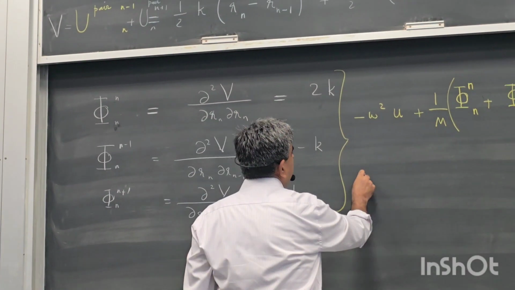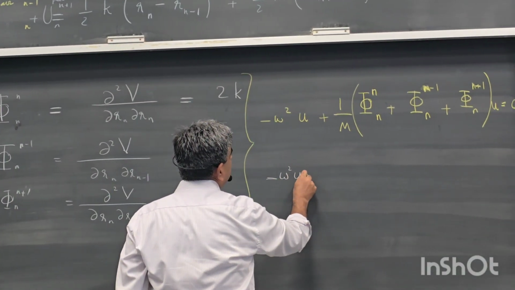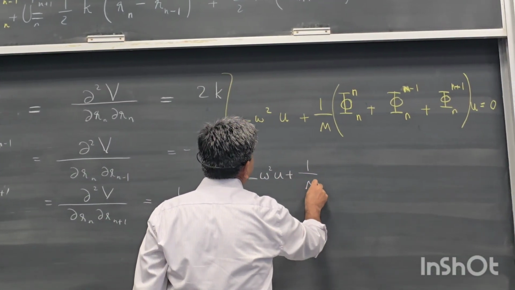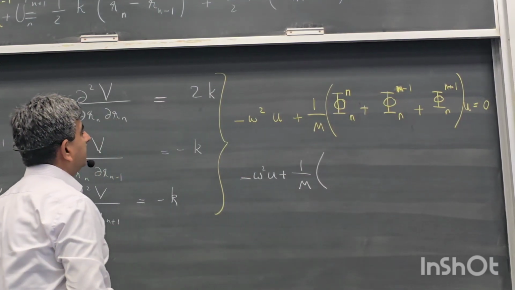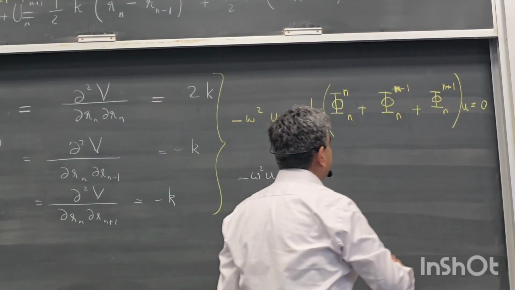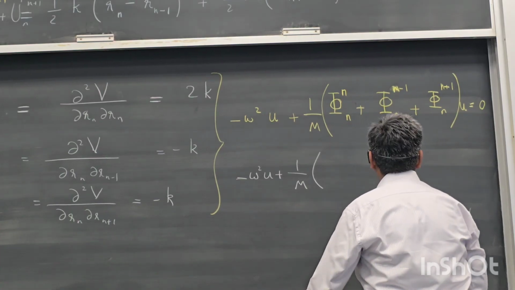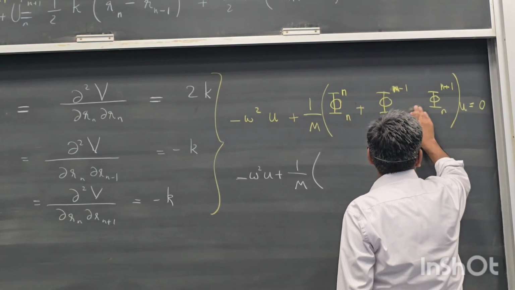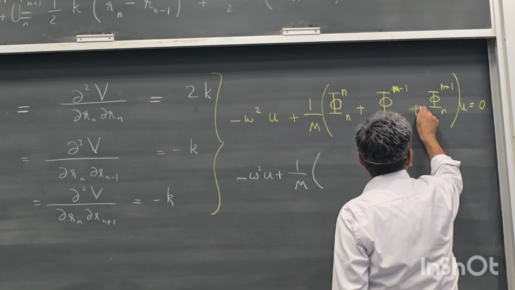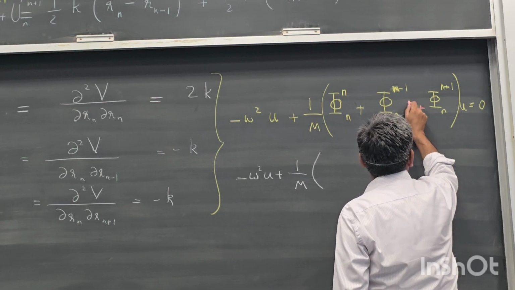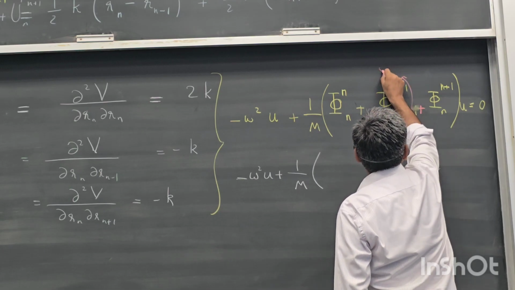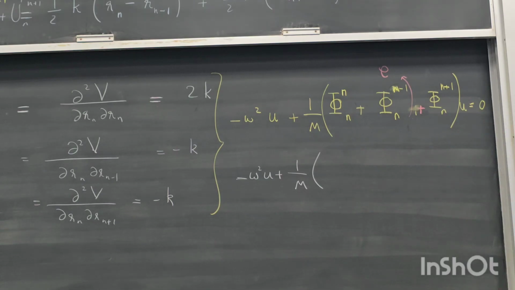So I get minus omega square u plus 1 over m. But do remember, don't forget the exponent factors here. So here I have some exponent. What is that exponent?